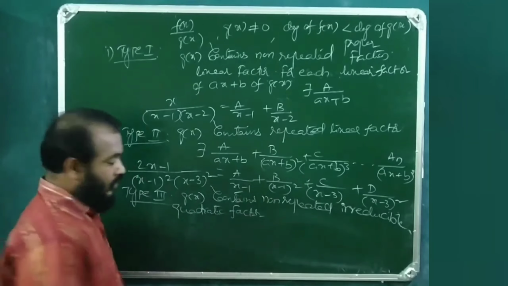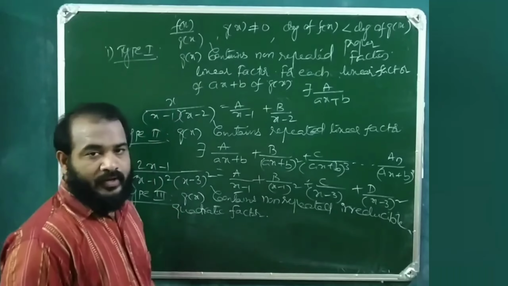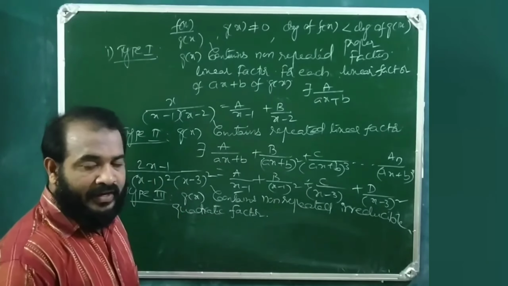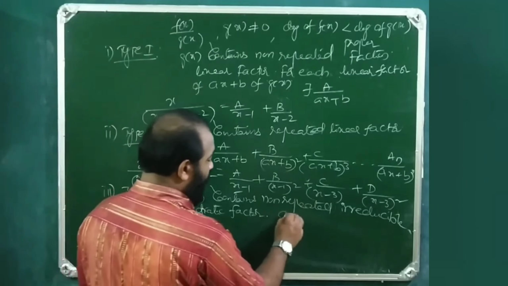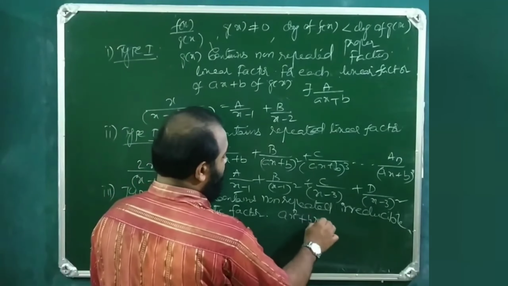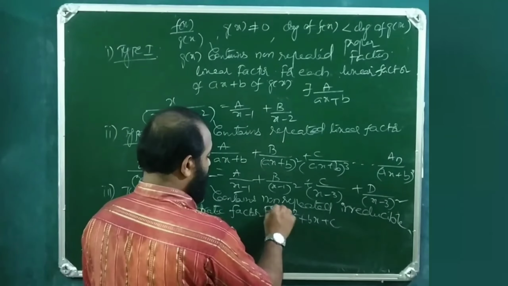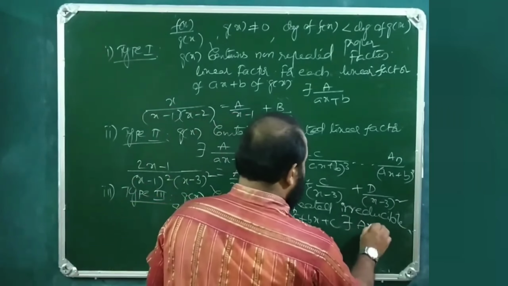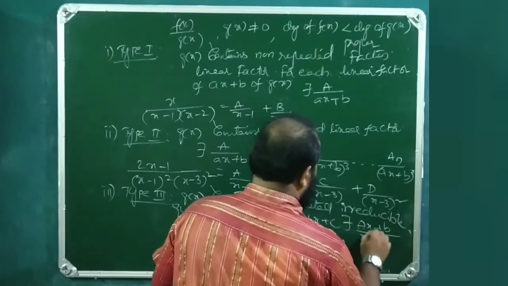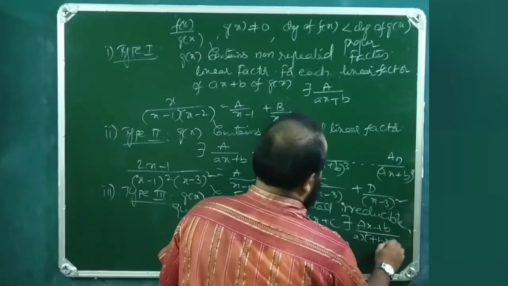So for every non-repeated irreducible quadratic factor of ax square plus bx plus c, there exists a partial fraction of the form (Ax plus B) by (ax square plus bx plus c).